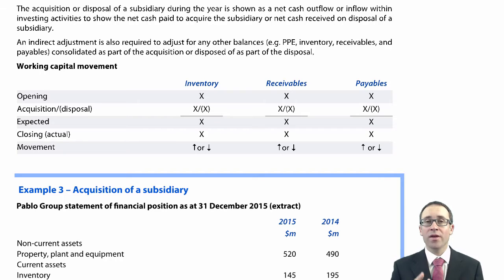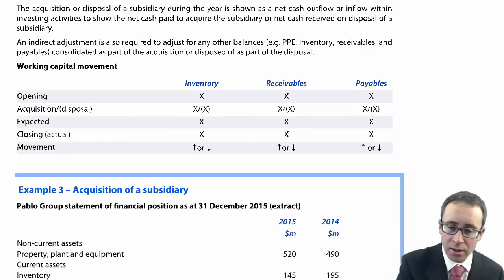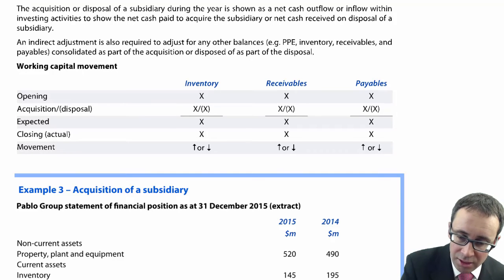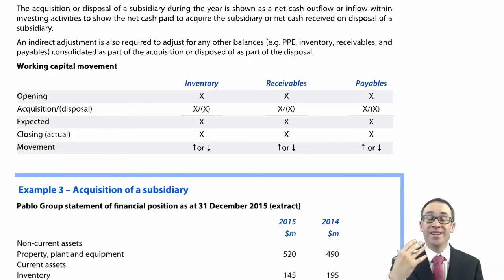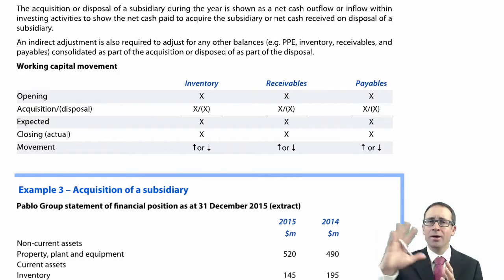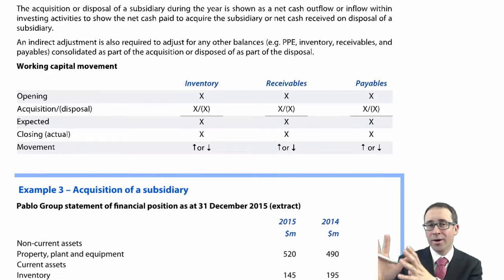Okay. Now, when we look at the acquisition of a subsidiary, essentially there are two areas that we need to think of. So what you've got there within your notes, there are essentially two paragraphs that deal with it. First one is nice and straightforward because if I buy a subsidiary, I pay an amount of money. So there's a big cash outflow that goes out of the group.